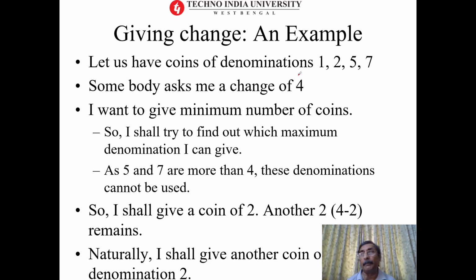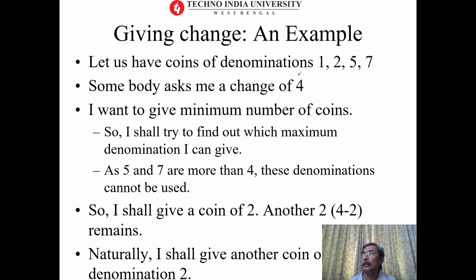So what will be my attempt? My attempt, without any global knowledge, would be to find which maximum denomination I can give. In this case, 5 and 7 are rejected because they are more than 4. So 2 is the maximum denomination that I could give. So I give a coin of 2.